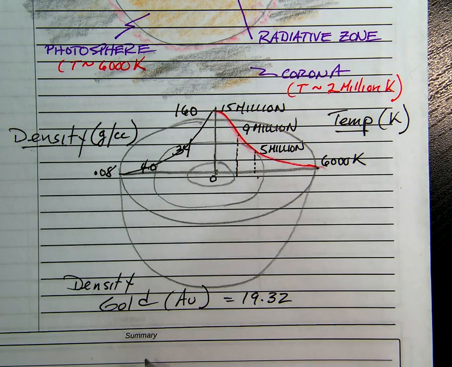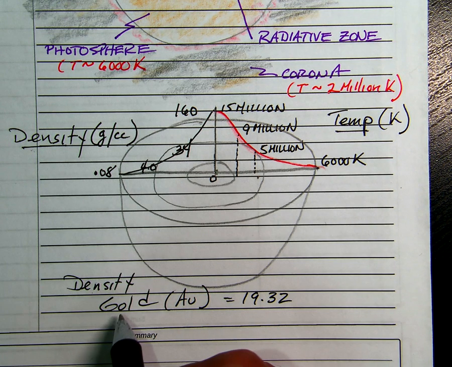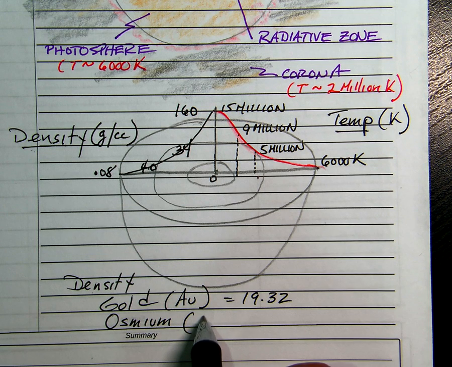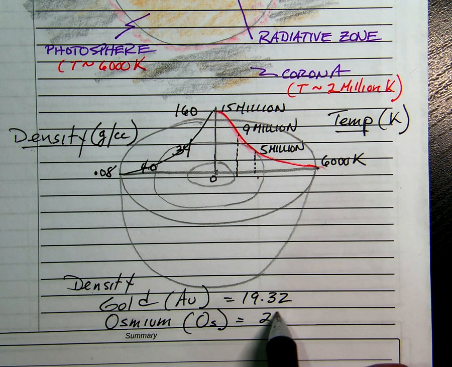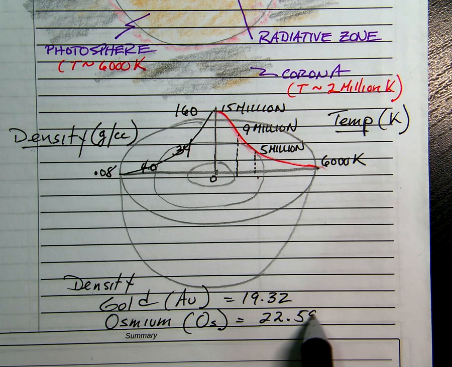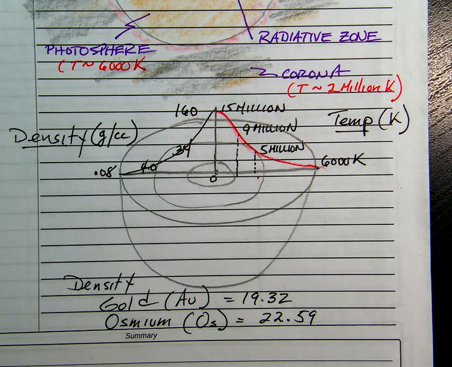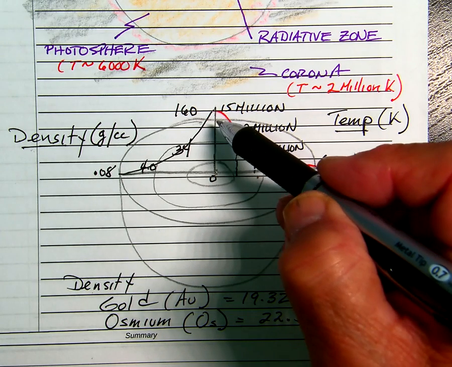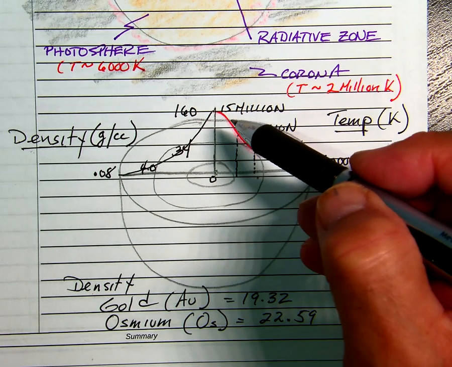The densest metal that we have in our periodic table is osmium, symbol Os, approximately 22.59. So it's extremely dense, 22.59, and look at the sun's core is 160. I needed to make sure that you understood that.